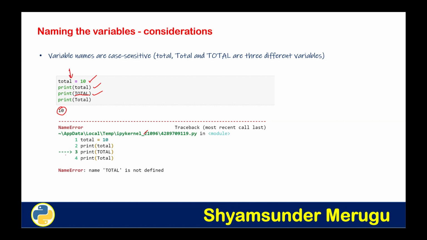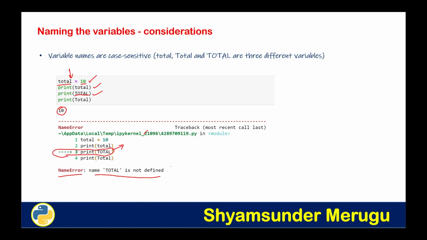Here it is pointing to where the error has occurred in the written code. It says there is a name error because it is not defined. We have used a variable which is not defined earlier. Defining means we take a variable and assign a value. That is called defining a variable, right? So here total is not defined, so it throws a name error, saying that name total is not defined.